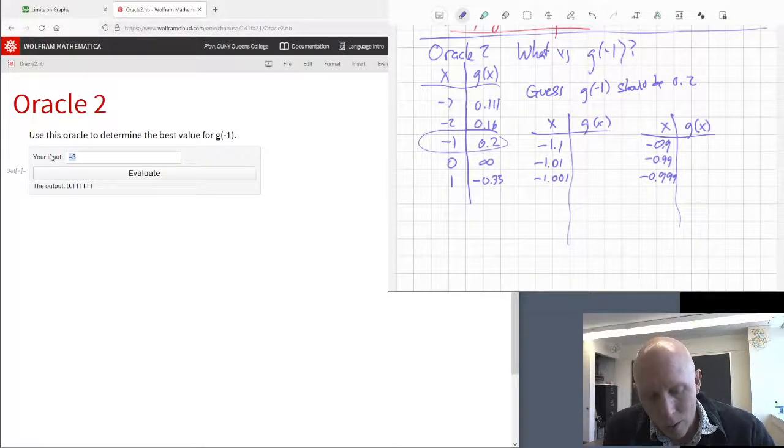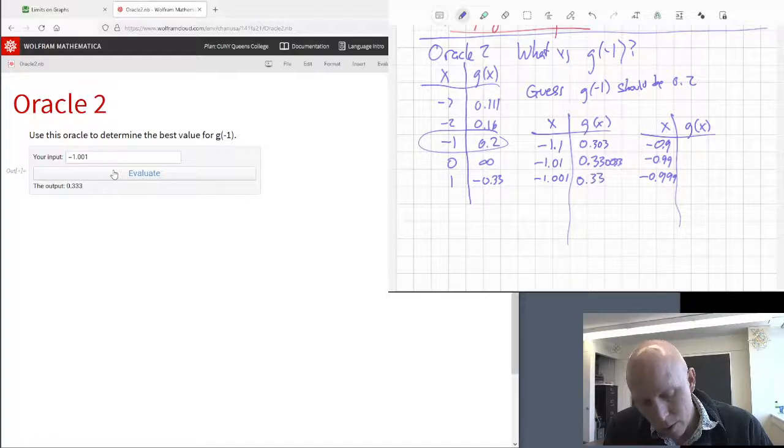Let's figure out what the oracle gives us for those. Negative 1.1 gives us 0.303. Negative 1.01 gives us 0.330033. Negative 1.001 gives us 0.333.